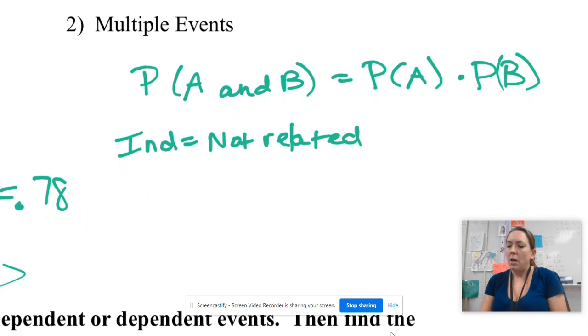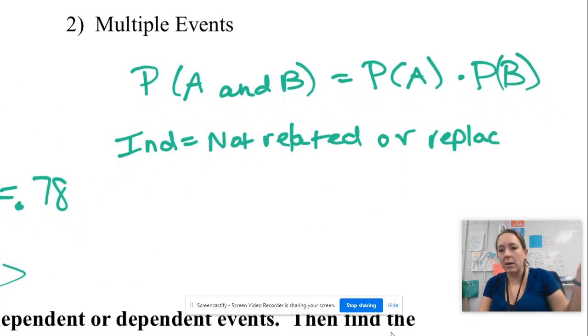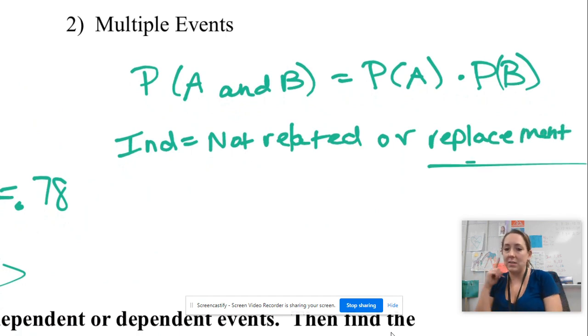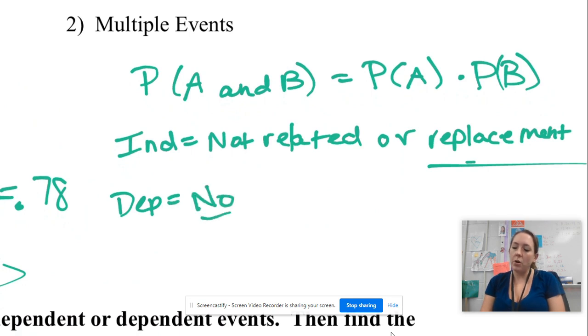Or you pull a ticket out of a bag, but then you replace it. If it says that it was replaced, then they're still independent events because you put it back. If you're looking at a dependent event, that is where you have no replacement.